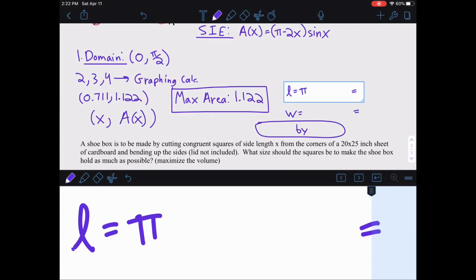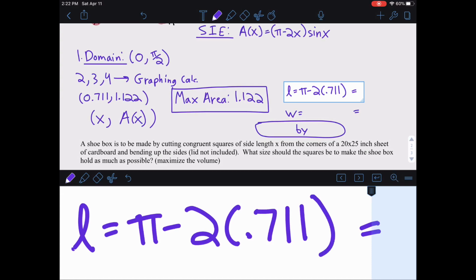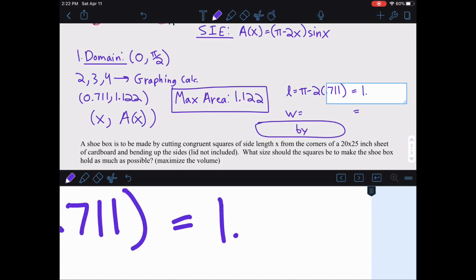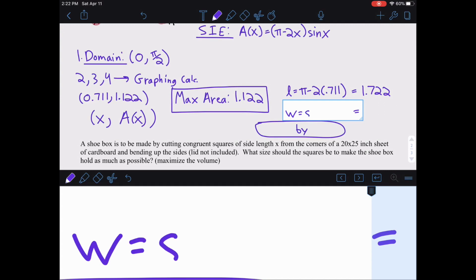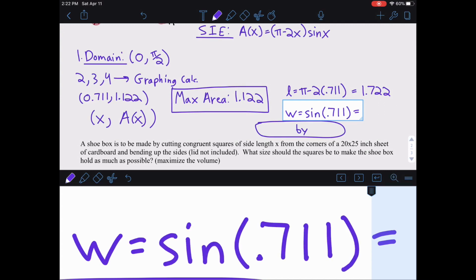L is pi minus 2 times 0.711. So you can go ahead and calculate that, and we will get 1.722 approximately. And the width is sine of x. So what is the sine of 0.711? Make sure, by the way, just a reminder, all calculus is done in radians here.